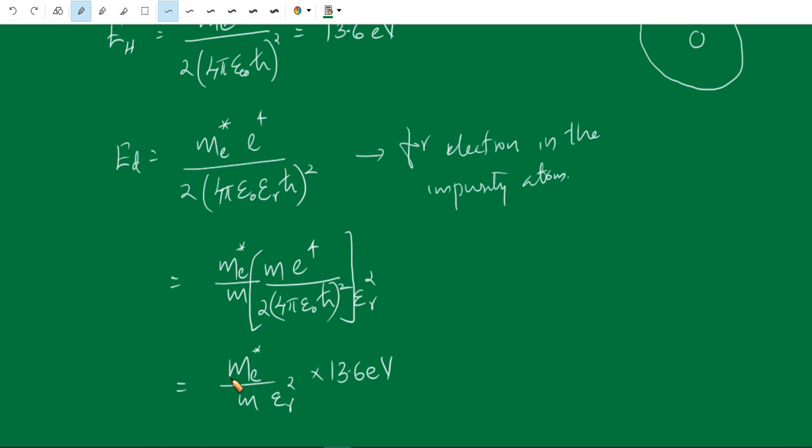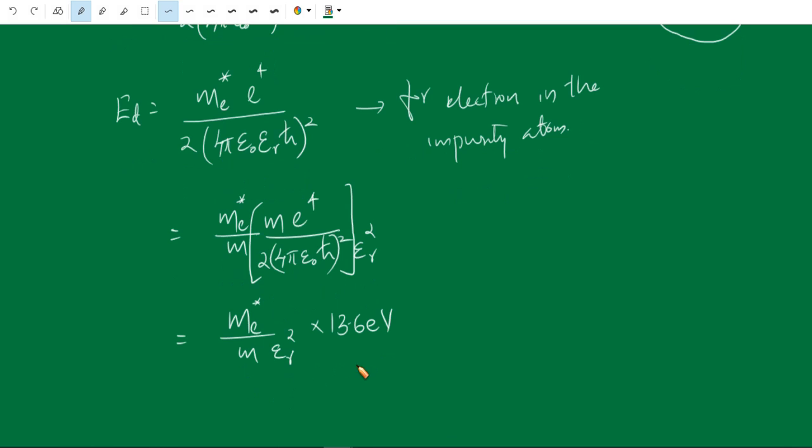So the ionization potential of the donor impurity is given by me star, the effective mass, divided by the mass of the electron, divided by the square of the dielectric constant, times the ionization potential of the hydrogen atom.